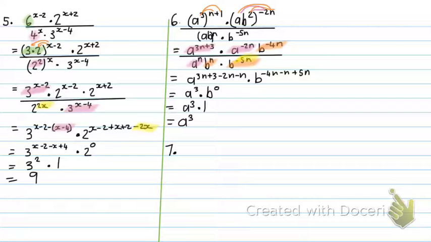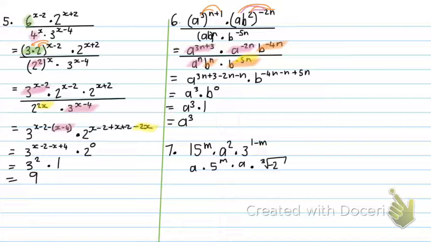Number 7. 15 to the power of m times a squared times 3 to the power 1 minus m over a times 5 to the power m times a times the cube root of negative 27.